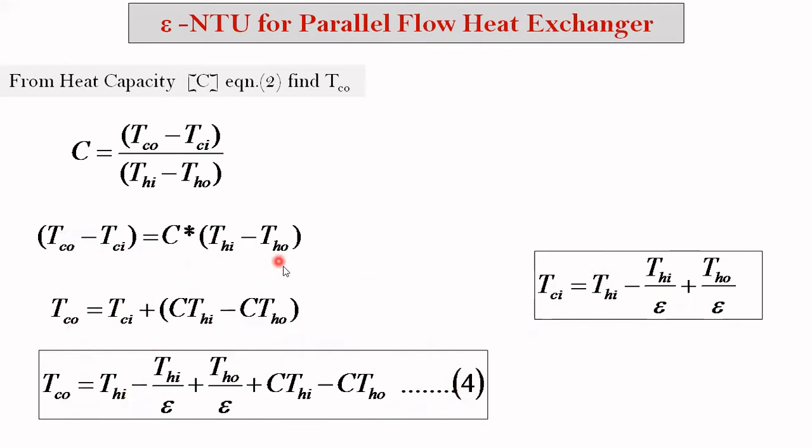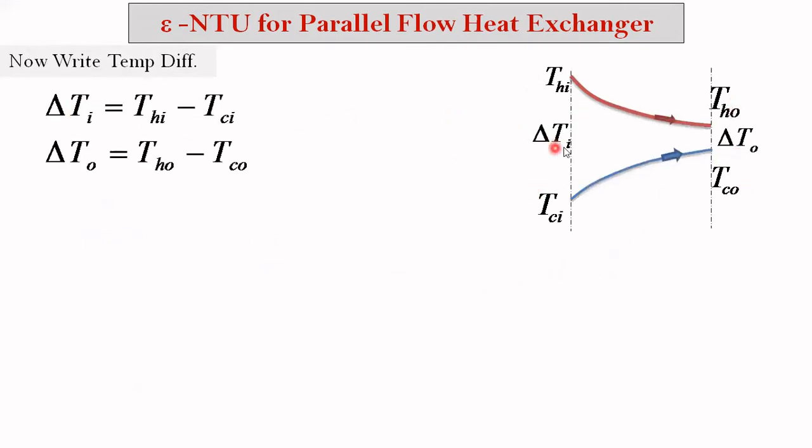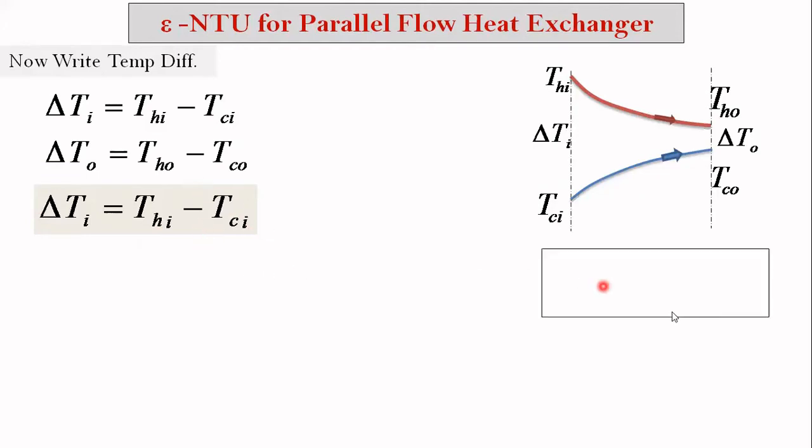So now we have TCI and TCO values. Now we will find out delta Ti and delta To, that is the temperature difference at the inlet and at the exit of the heat exchanger. So at the inlet, delta Ti we can write down as THI minus TCI. At the outlet, delta To is THO minus TCO. Now let's first take delta Ti. So THI minus TCI, and we have the value of TCI as we derived in the earlier slide.